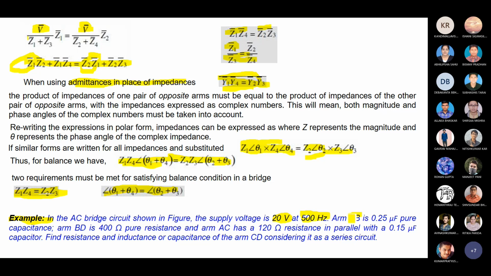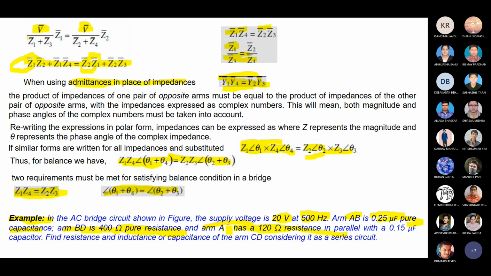Arm AB is 0.25 microfarad, pure capacitance. Draw the circuit. Arm BD is 400 ohm, pure resistance, and arm AC has a 120 ohm resistance.